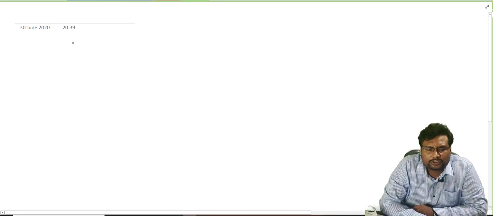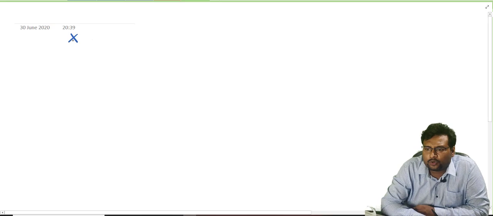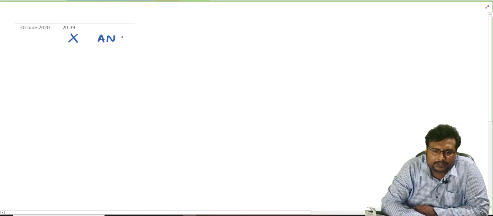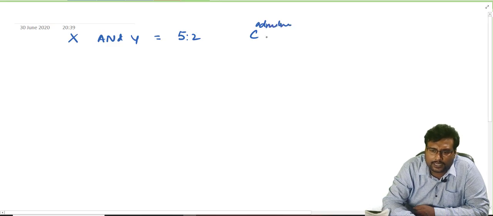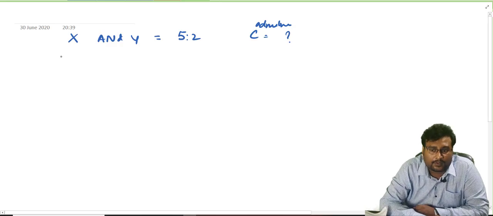Suppose there are two partners, X and Y, and their profit sharing ratio is 5:2. They admitted C. C's share is not given, but extra information is given.